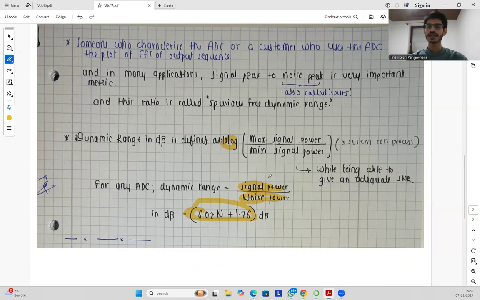Nyquist tells us that we need a sampling frequency of minimum 2 fin or greater. If we take the sampling frequency too high, it waives off the complexity of the anti-aliasing filter which we are trying to make. That was one benefit. Then we'll see the second benefit of the oversampling ratio, OSR, when it comes to quantization noise. We'll see that in the next video.